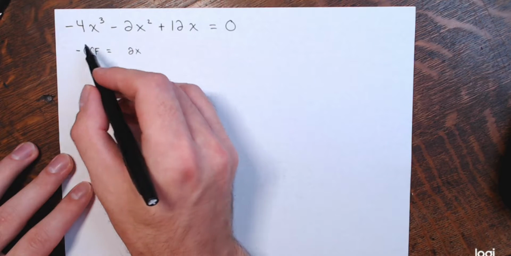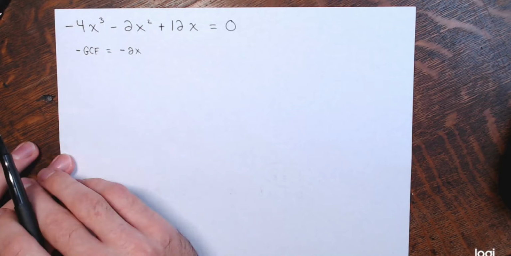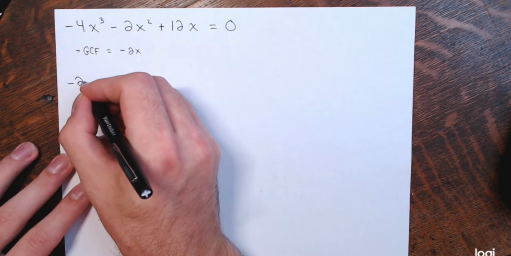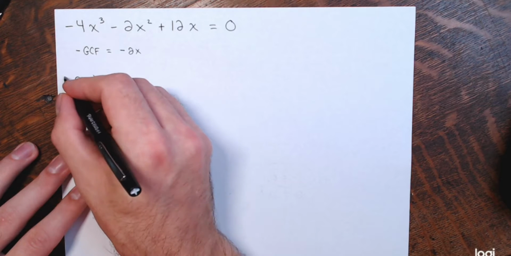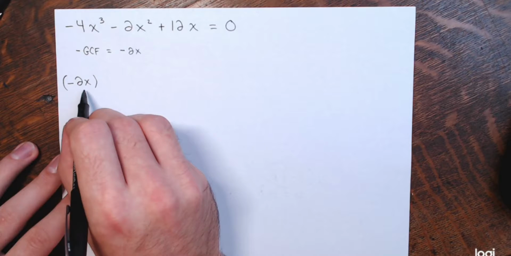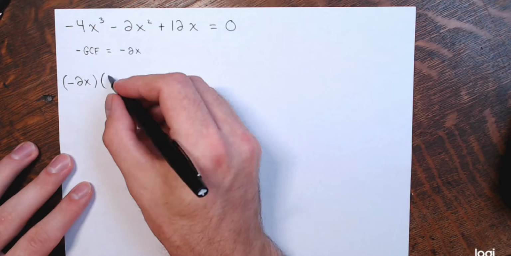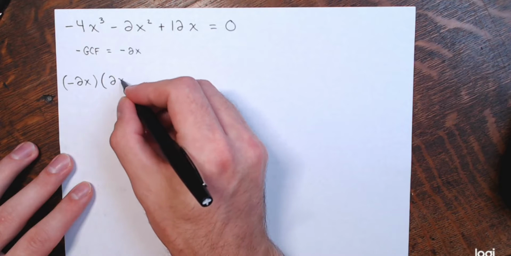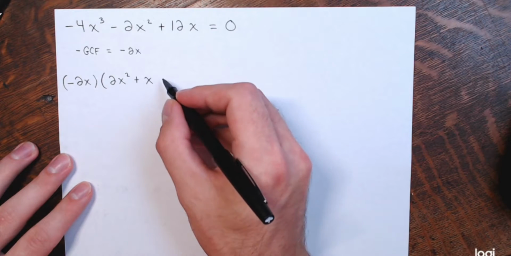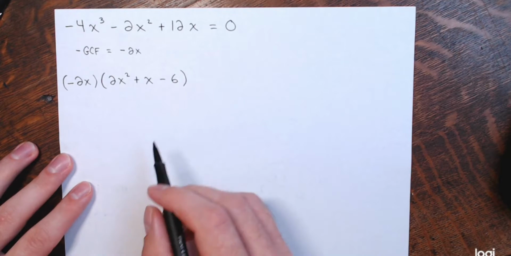So in those cases, I do like to pull out the opposite of the GCF, right? -1 times the GCF. So I'm going to factor out -2x, and that opposite GCF or GCF, whichever one you pull out, that's one factor. And then what's remaining would be 2x squared plus x minus 6. And that would be the factor remaining.